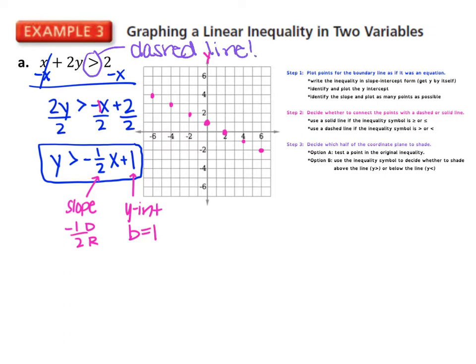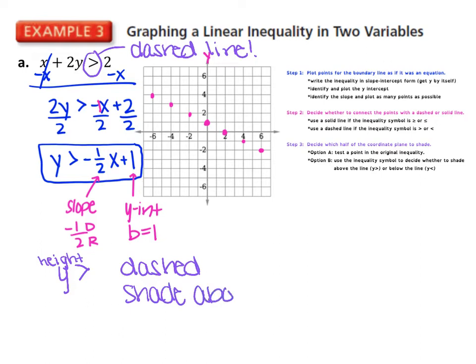So I have y is greater than, which tells me I have a dashed line. It also tells me y is more than. That means the height is more than something. The height is above. So we want to shade above once we get to our shading.